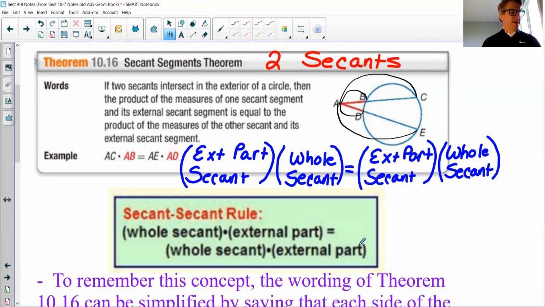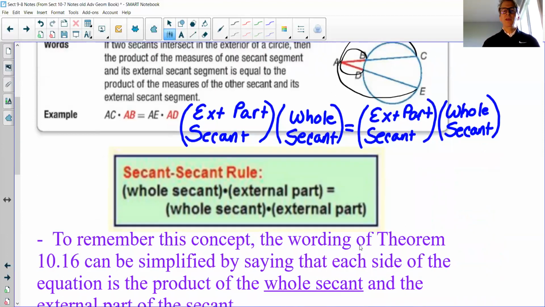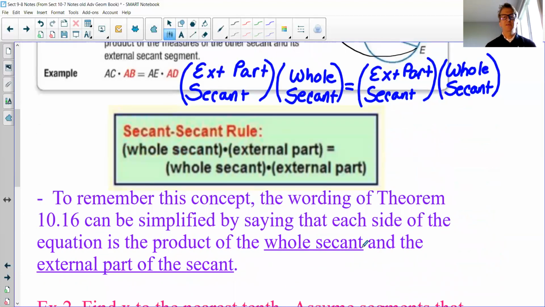So to remember this concept, the wording of theorem 10.16 can be simplified by saying that each side of the equation is the product of the whole secant and the external part of the secant. Okay, so you guessed it, we've got some questions or examples on 10.16.